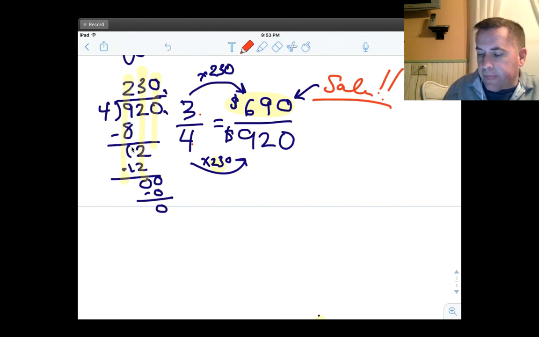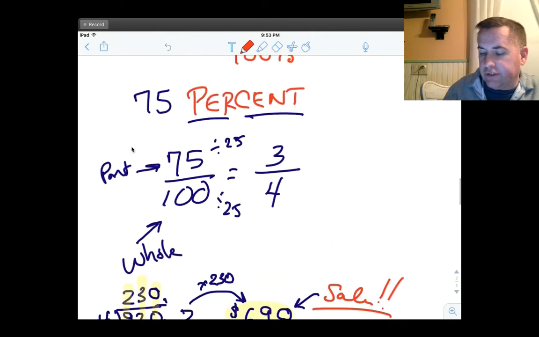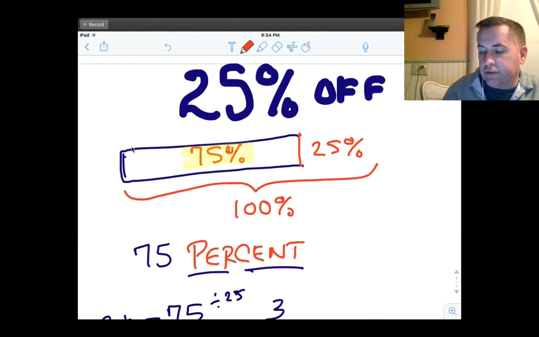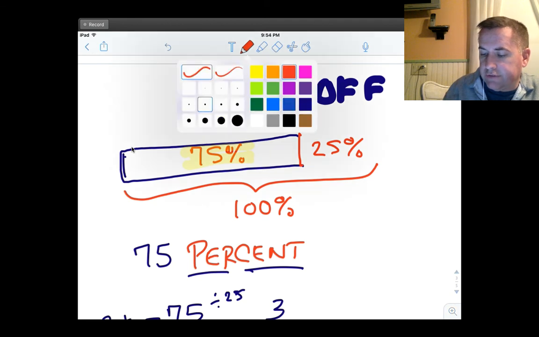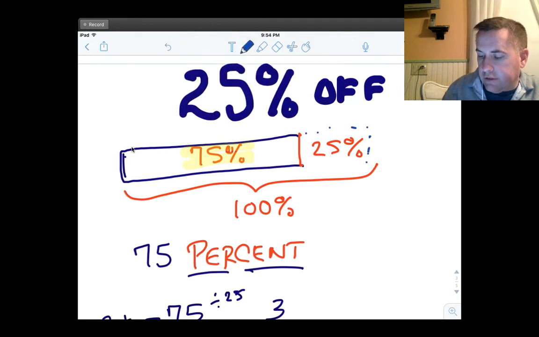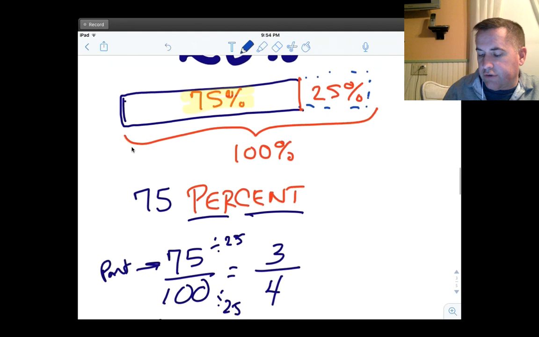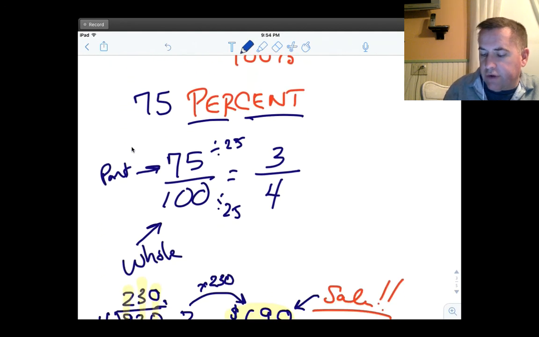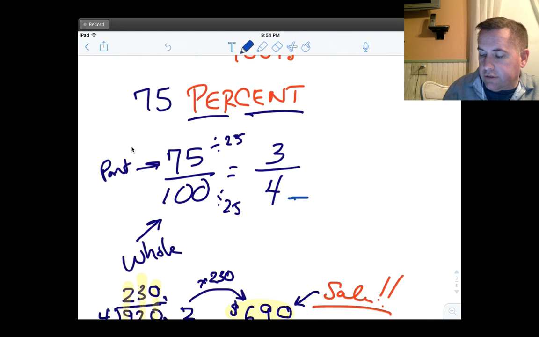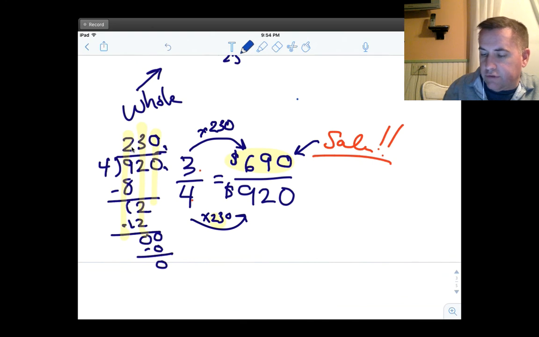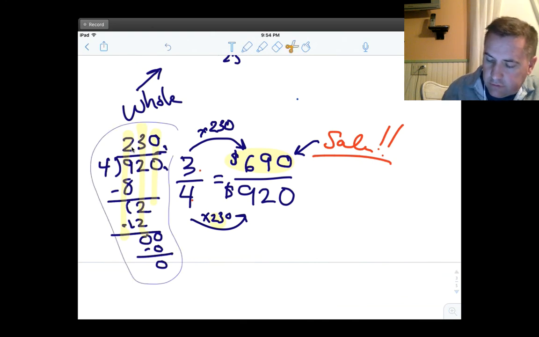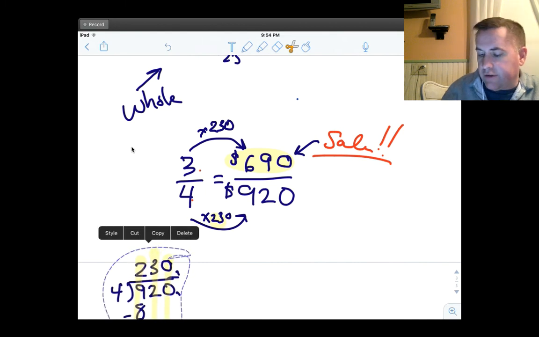Okay? So that's how we're going to do it. We're going to treat it as a ratio. Since 25% comes off the wholesale price, that means you're responsible to pay 75% of the wholesale price, or 75 out of every $100, as a ratio, which is equivalent to 3 out of every $4 that you're responsible for paying. I'm going to move this a little down and out of the way.